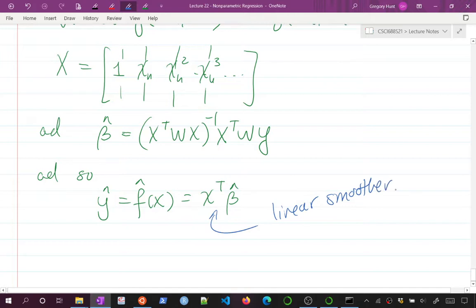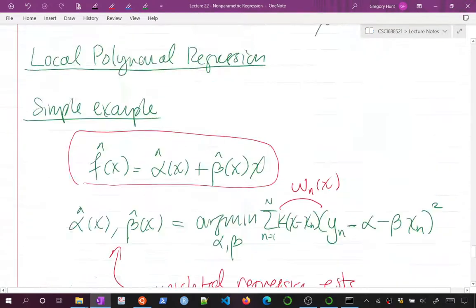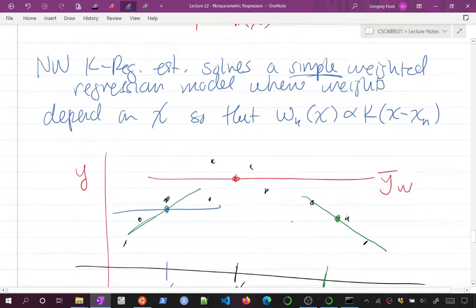It's a linear smoother in this expanded basis of polynomials. And so basically, instead of fitting a line, you could fit a quadratic curve, or you could fit a cubic curve, or whatever, at each of these points.